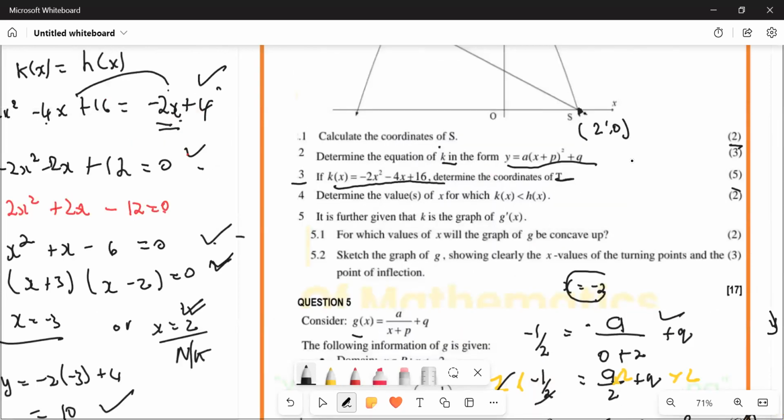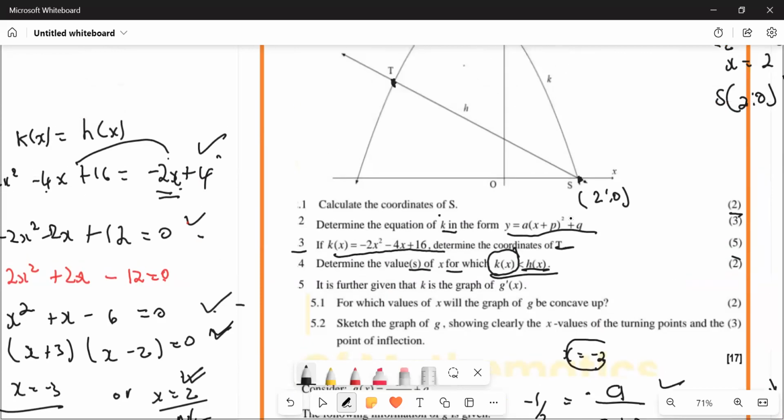Okay, we are going to number 4. Number 4, they're asking, determine the values of x for which k of x is below h of x.